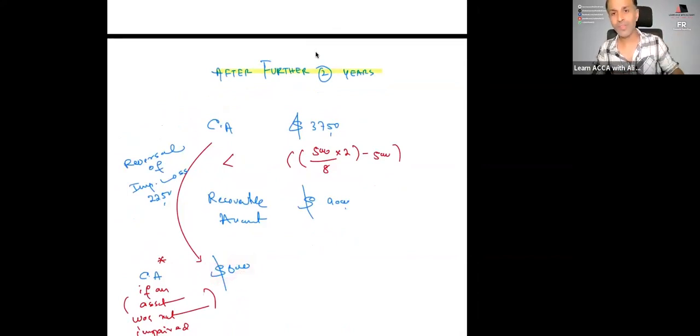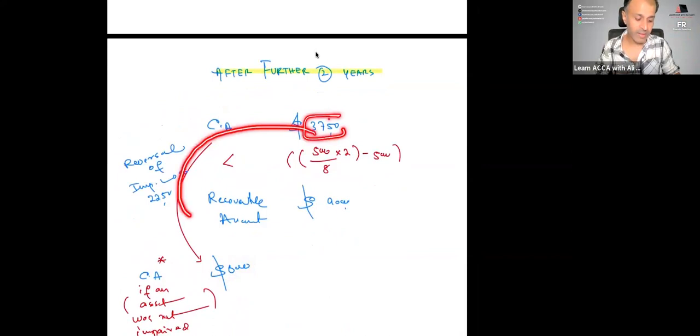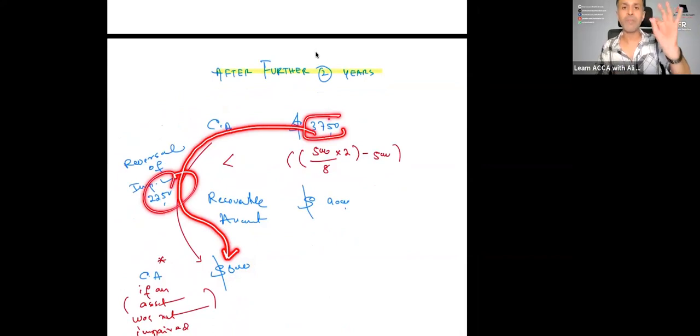The restriction was that you can only make the reversal of the impairment loss up to the extent to achieve the value that would have been in the books today if the asset had not been impaired in the past. That figure is the real reversal of impairment loss. Once this figure has been achieved, the extra increase is in fact the valuation gain.